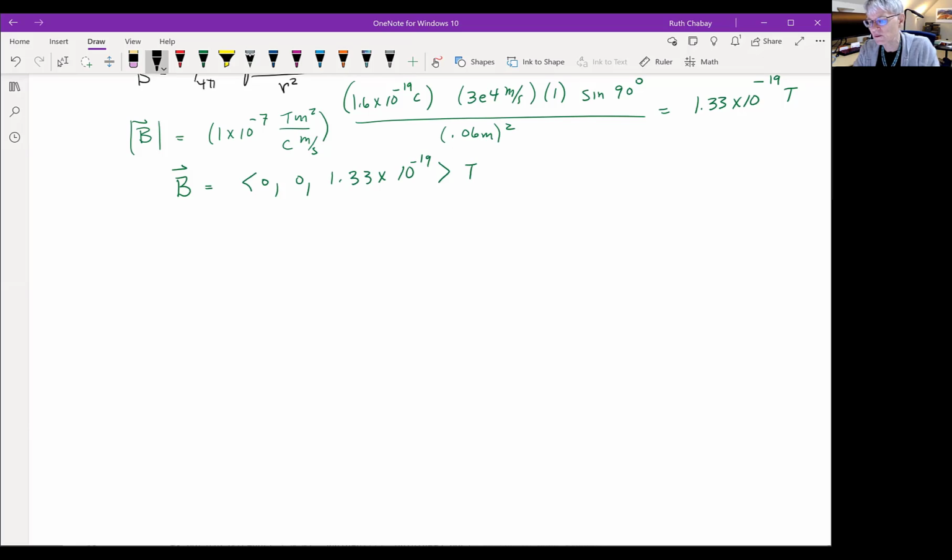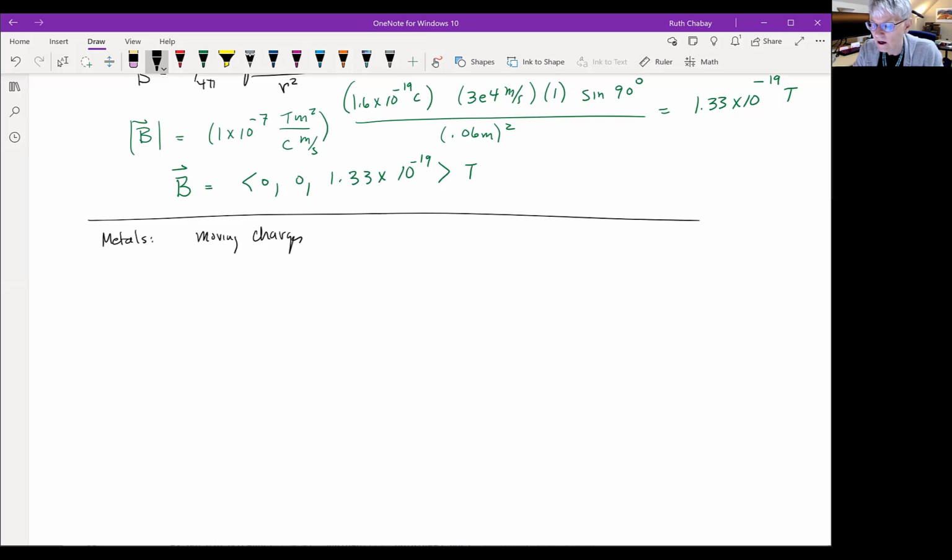So let's remember what we know about metals. Remember that electrons in a metal, moving charges, have a drift speed.